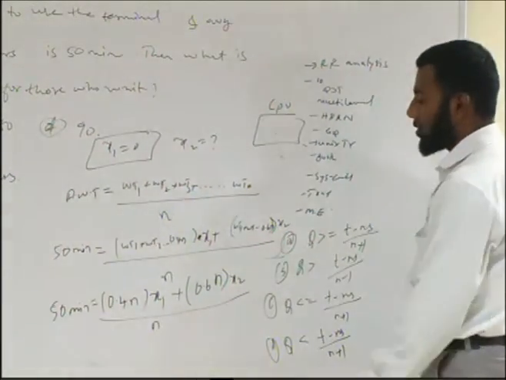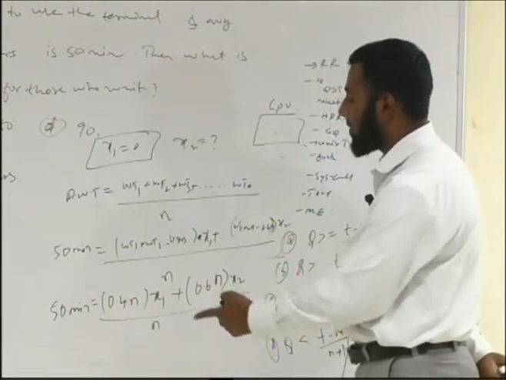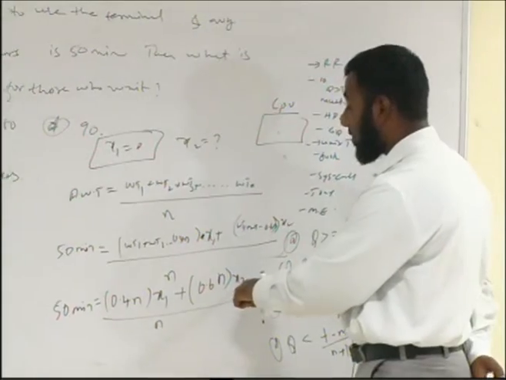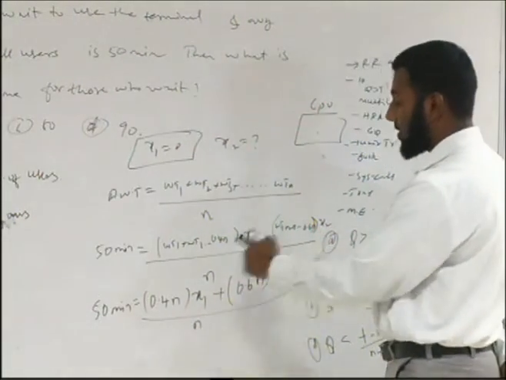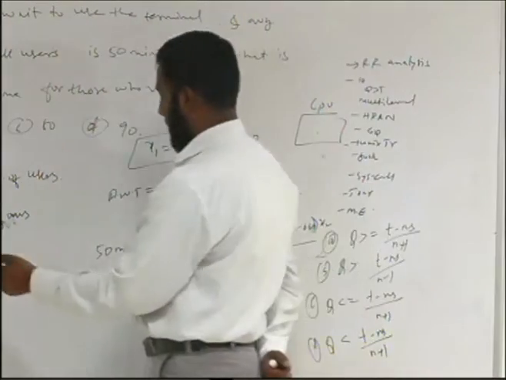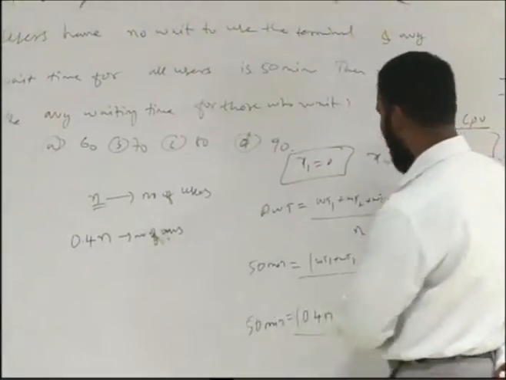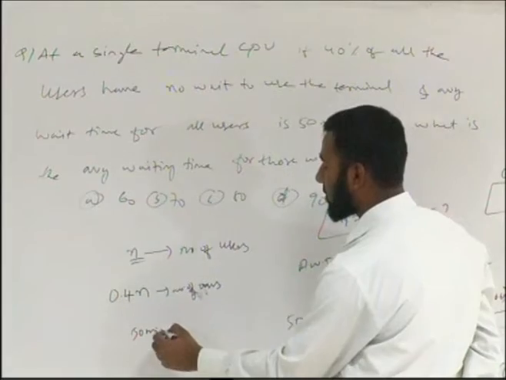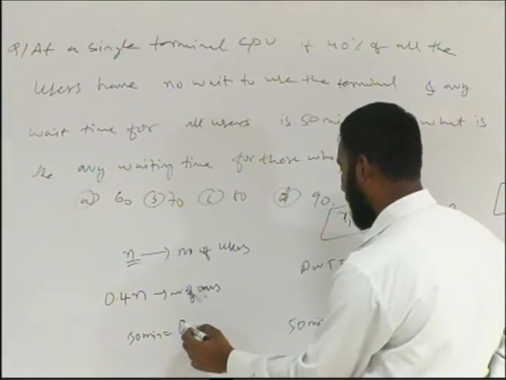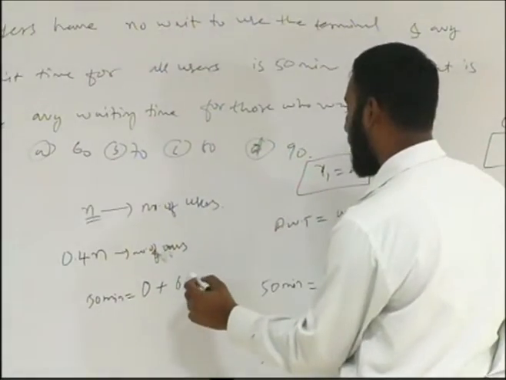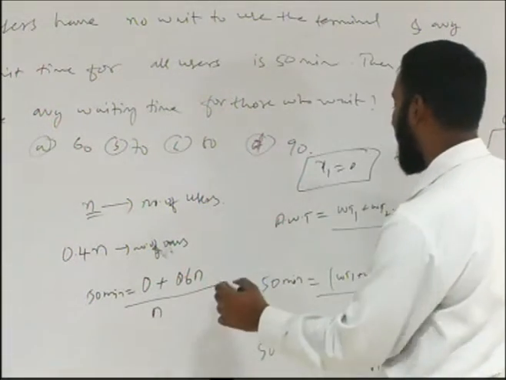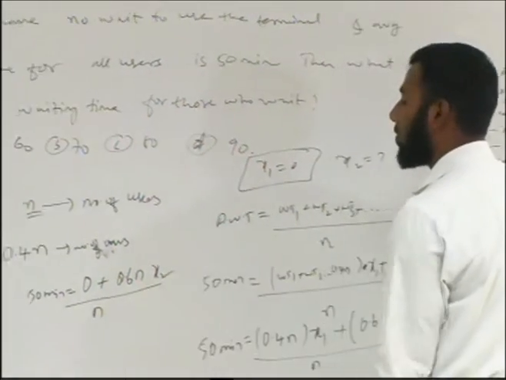So I first have to find the value of x2 and then the average for the 60%. Let's substitute the value of x1 here. So 50 minutes equals 0 plus 0.6 n by n into x2.